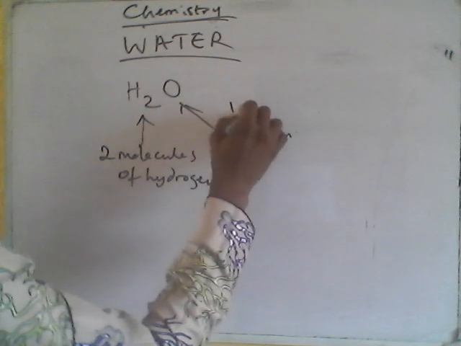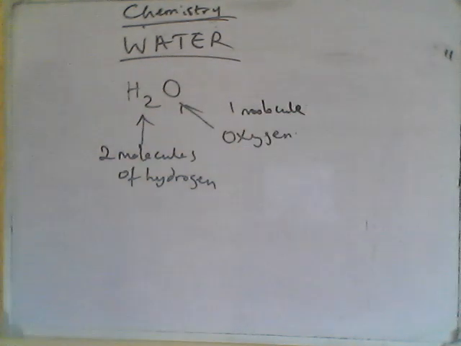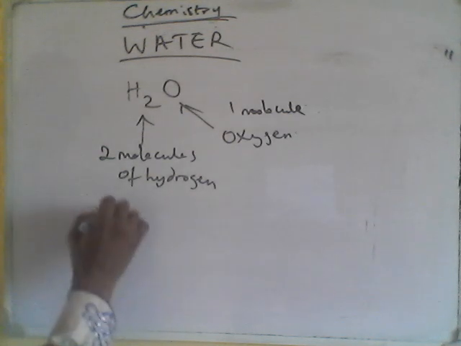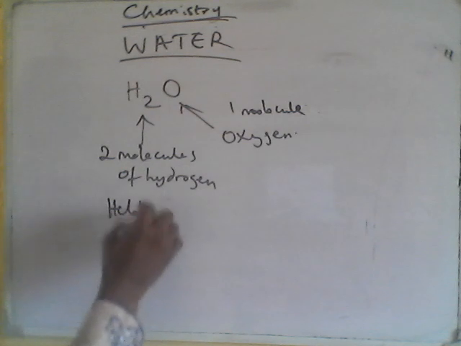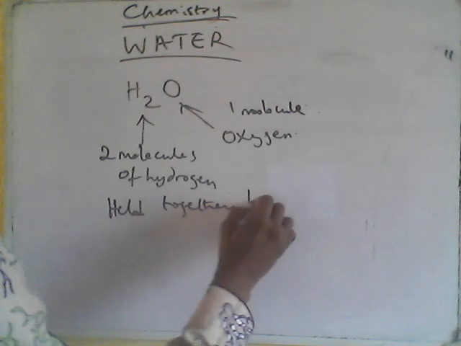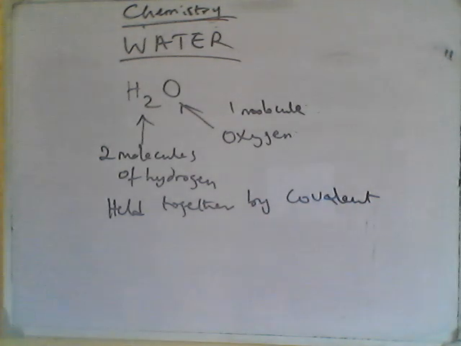They are held together by covalent bond. So if you are asked what kind of bond exists in the constituents of water, I mean to say hydrogen and oxygen, it is covalent bond.